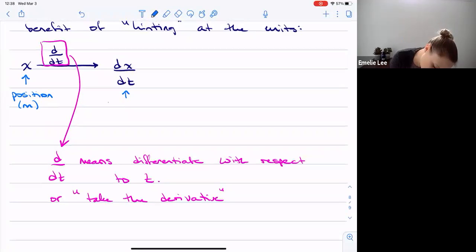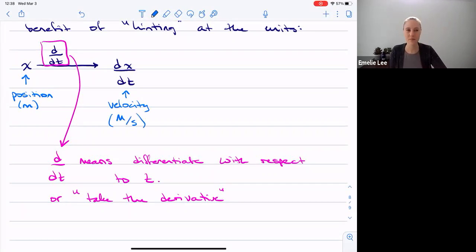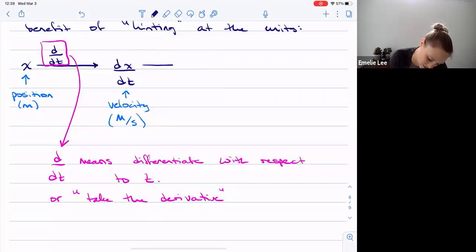So this is the velocity, which is meters per second. Once we do the next one for acceleration, if you take the derivative of the velocity, you get the acceleration. So now take the derivative again, and that should be d dt.